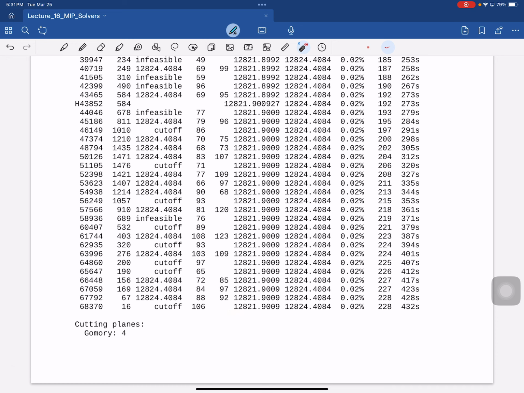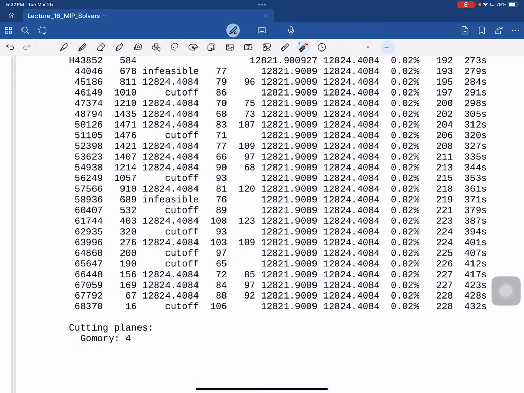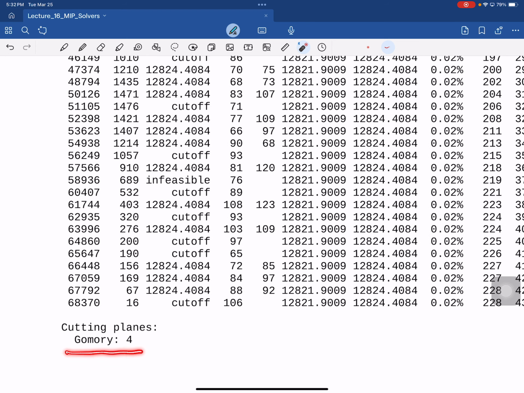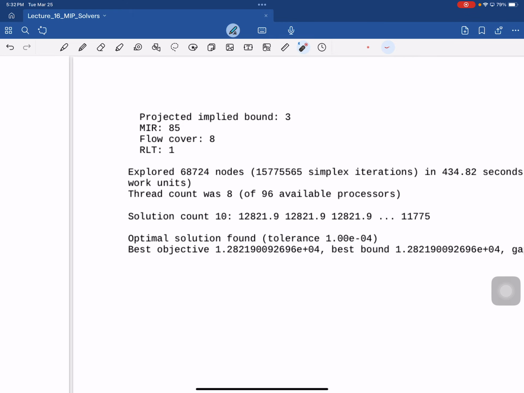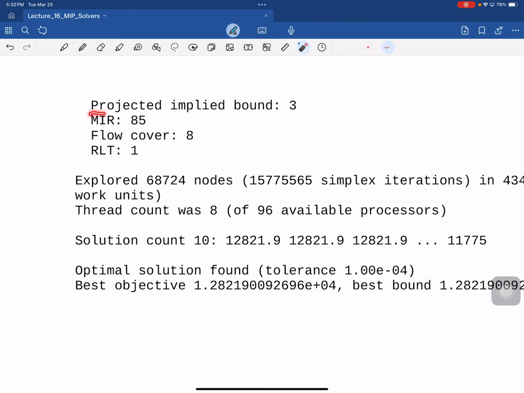Okay. And after it terminates, a very interesting thing to read is the type of cutting planes the solver has added. So now it says it has added 4 gamma cuts, and then it has also added 3 projected implied bound cuts, 85 mixed integer rounding cuts, and so forth.